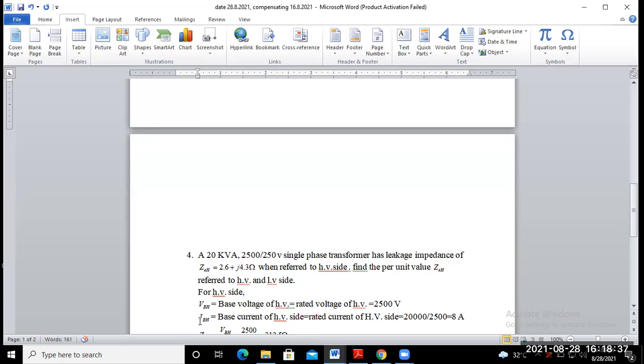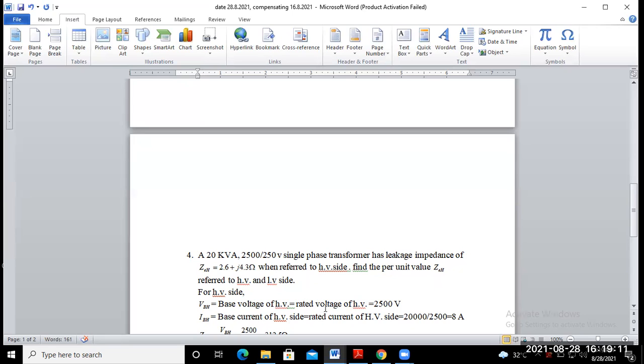That means you have to mention in the suffix letter which side the base value belongs to. So VBH means base voltage on the high voltage side, and IBH means base current on the high voltage side. Okay, so how can you find this base current of the high voltage side? We already have the power rating given in the problem.